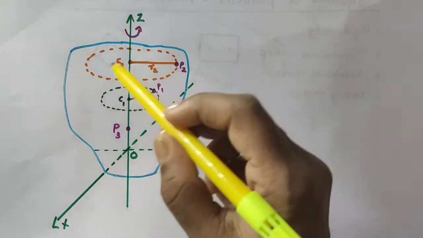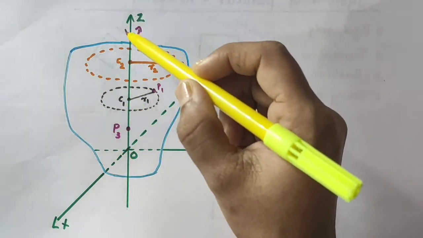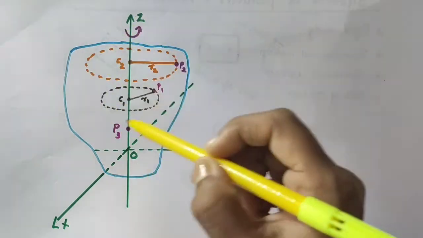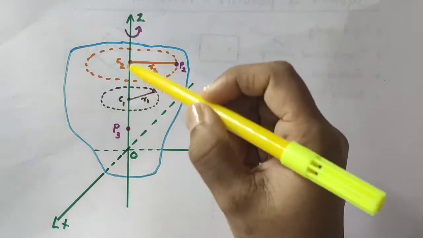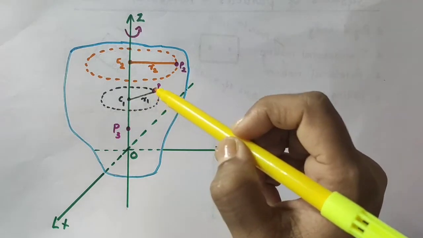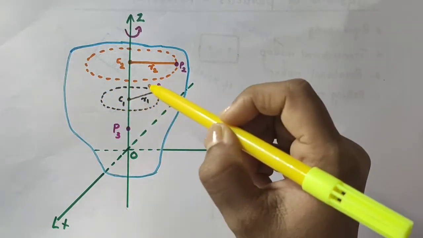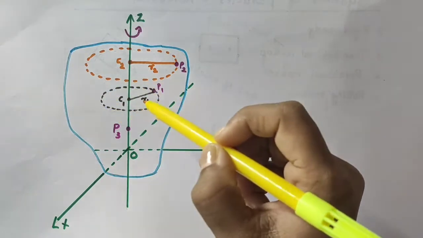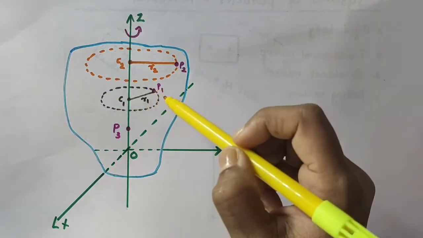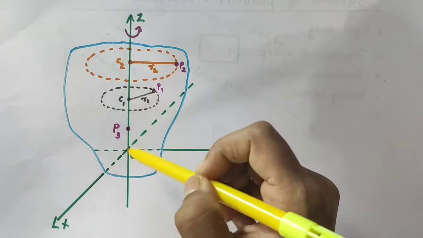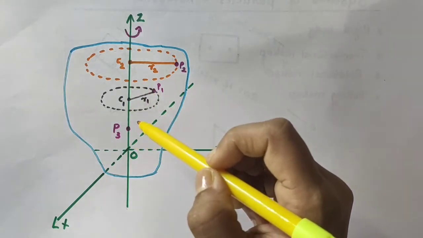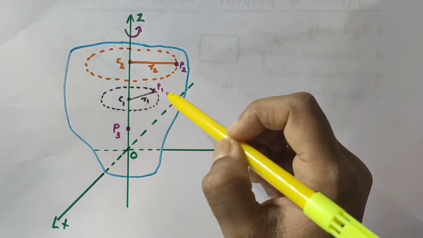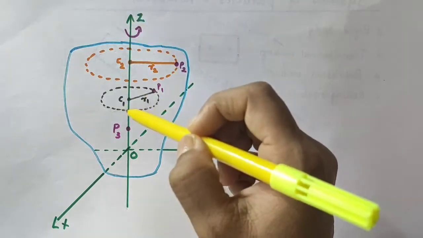When this rigid body rotates, in the direction marked here, about this Z axis, the particle P1 also moves along with the body and describes a circle of radius R1 with its center C1 on the Z axis. This circle lies in a plane which is perpendicular to the Z axis too.